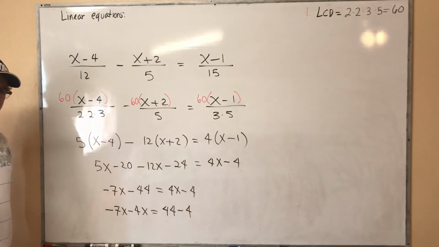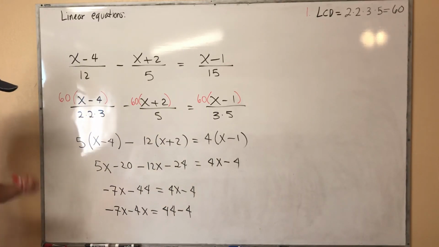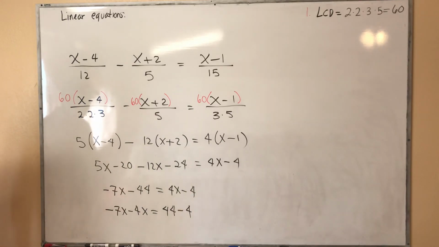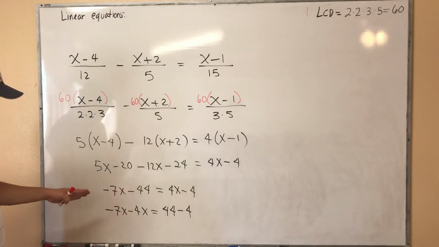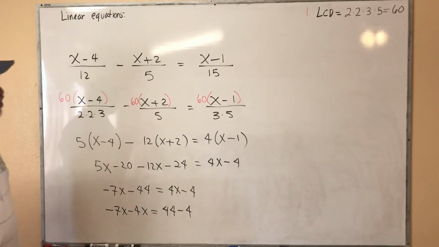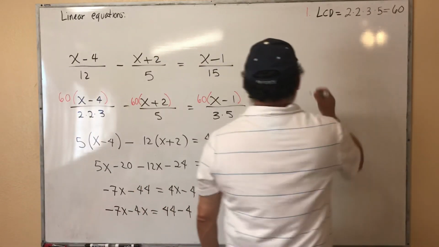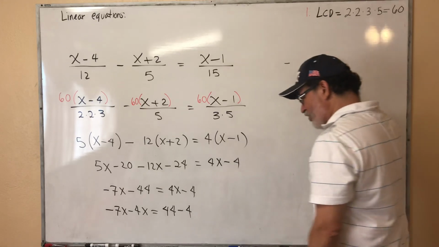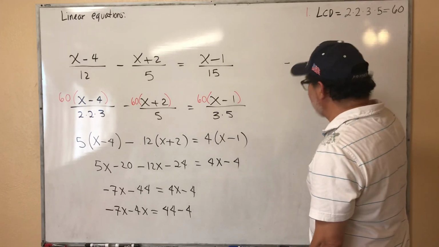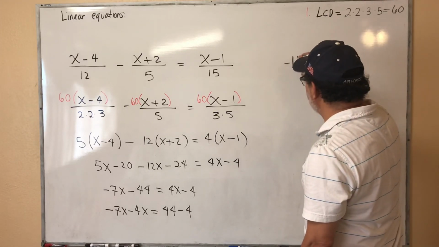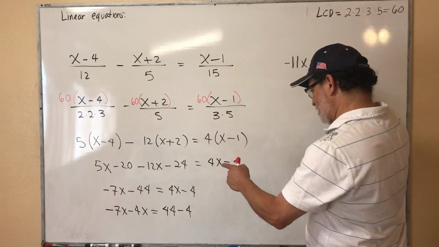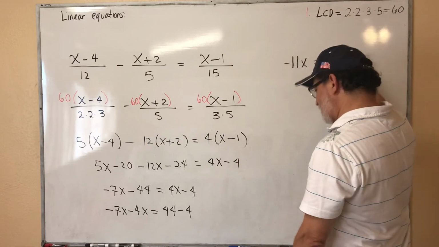Look at that. All right, very good. So negative 7x minus 4x is what? Negative, what is it? Negative 11x equals to what?